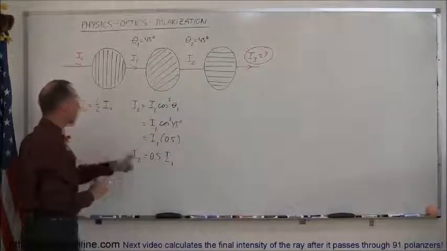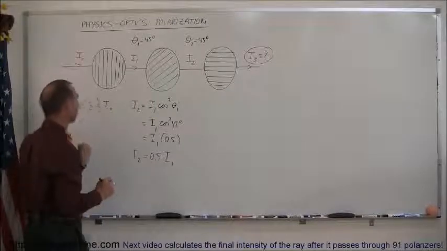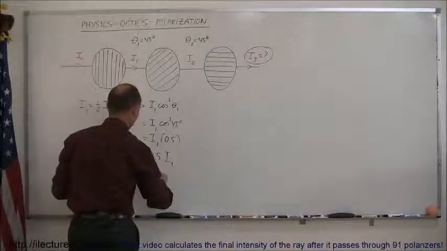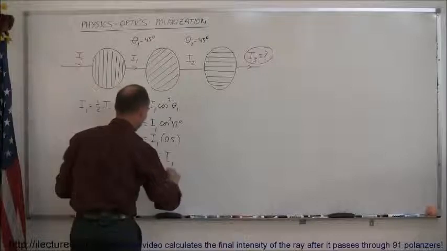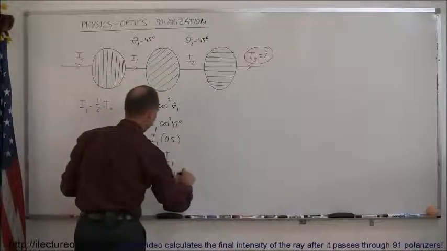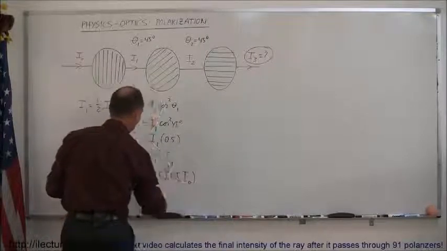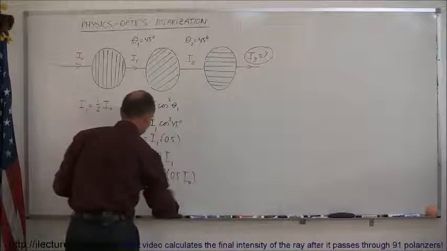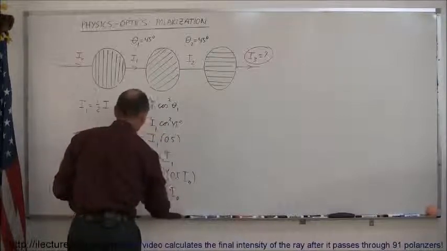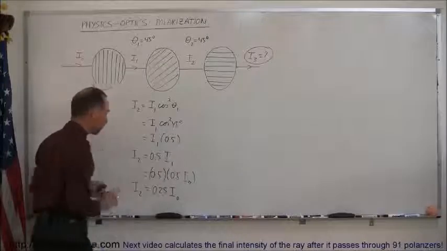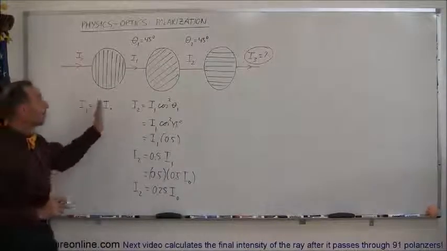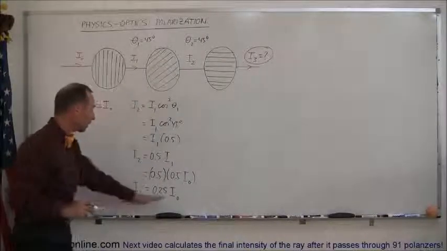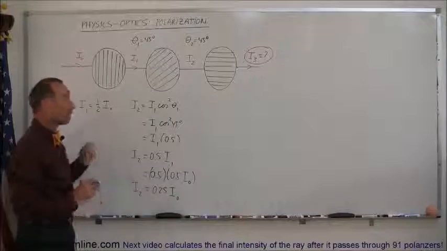And of course, since I sub 1 is equal to half of I sub 0, that would be equal to 0.5 times 0.5 times I sub 0, which means you're now down to 0.25, or a quarter of its initial intensity. So the light coming past the second polarizer will now only be 1/4 of the original intensity.